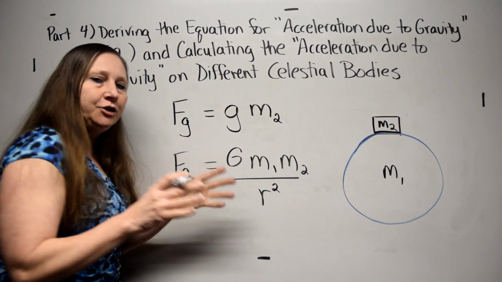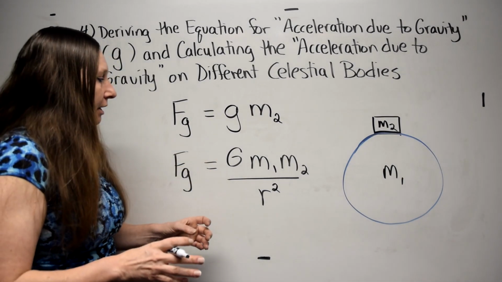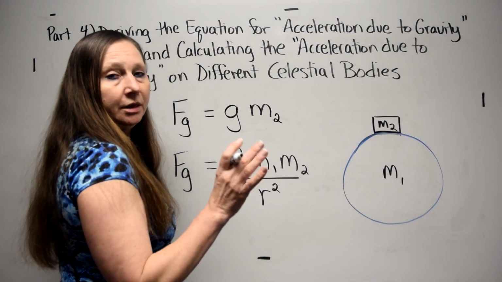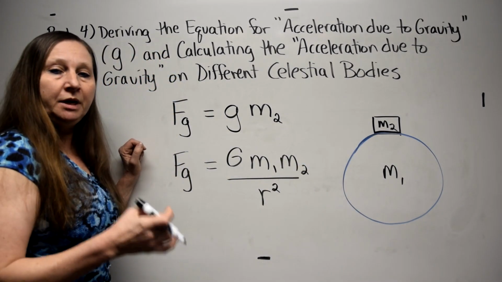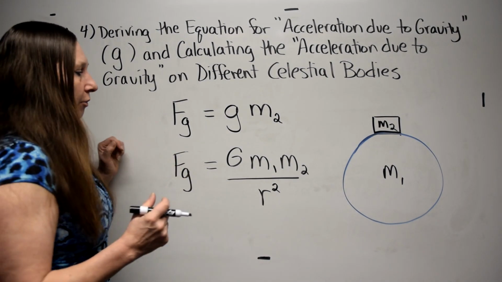Again, this doesn't really matter, but for clarity in this lesson, I'm going to stick to that, where m1 will always be the mass of the celestial body, and m2 will always be the mass of the object whose weight we'd like to know.